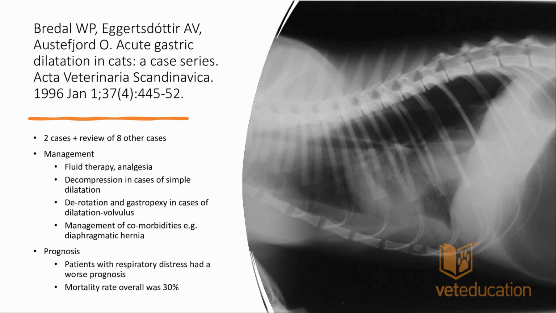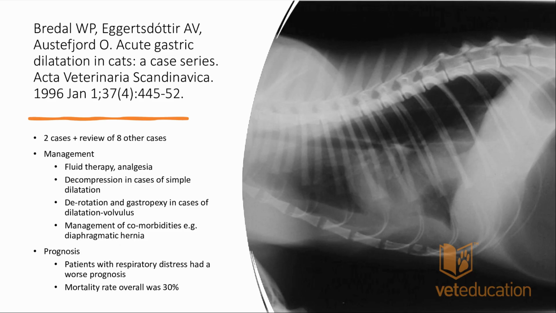These cases were managed with fluid therapy and pain relief. Decompression in cases of simple dilatation is something that can certainly be attempted, and with cases in which you make a radiographic diagnosis of dilatation and volvulus, you need to derotate and do a gastropexy, surgery the same as you would with dogs.